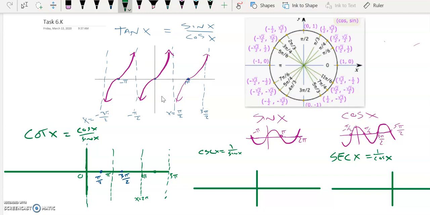Just past 0, sine x is positive and small. That means this graph wants to go to positive infinity. If the denominator's really, really small, and we divide into a number like 1 or something close to 1, then this guy's going to be a very big value. So it explodes up.